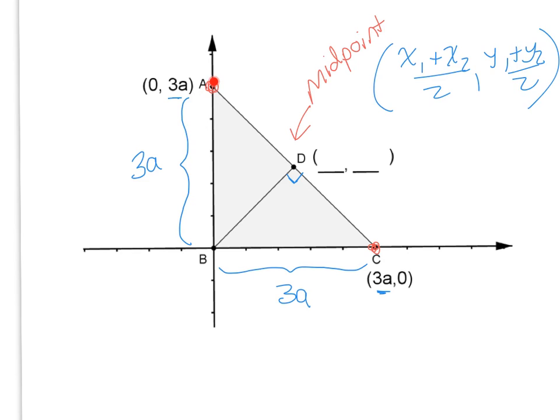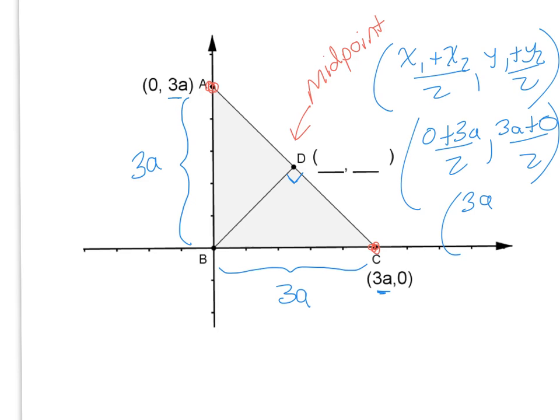So here we have in the x 0 and 3a. 0 plus 3a divided by 2. And in the y dimension we have 3a and 0. And we're looking for the average there. So depending on how you like to look at numbers, I like fractions, so I would say 3a divided by 2, 3a divided by 2.